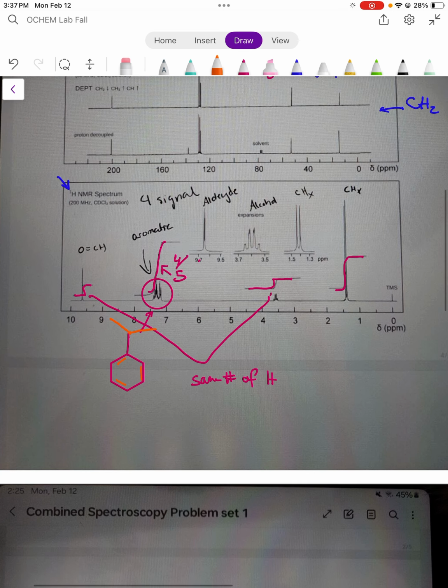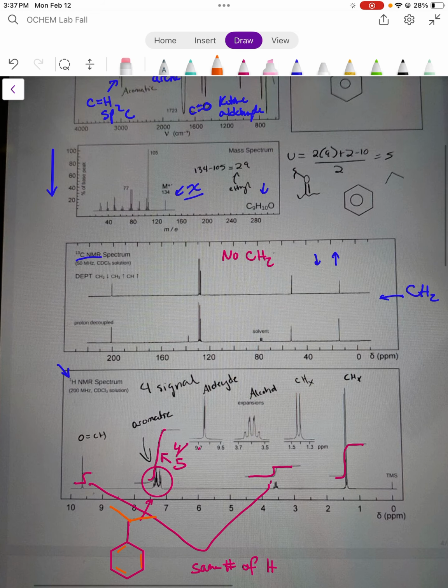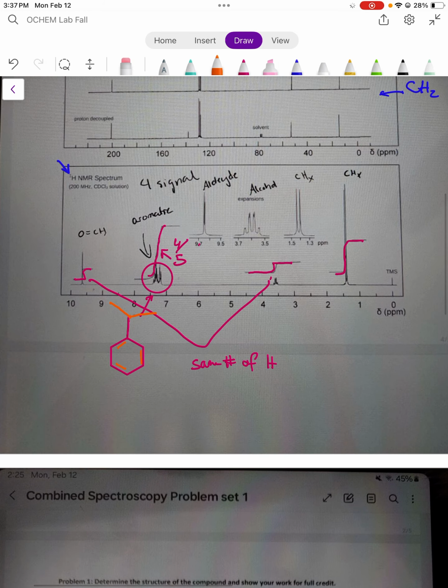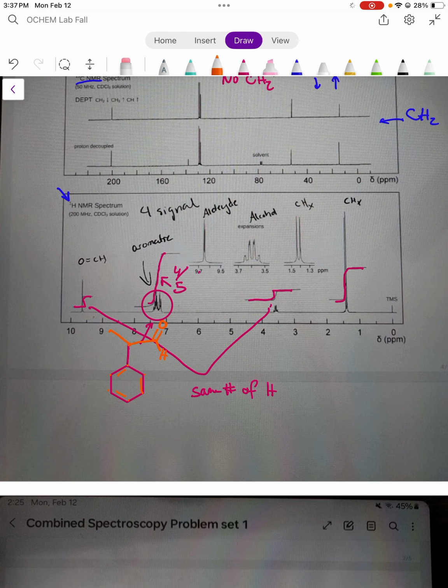And so now we look at how many carbons there are. There are 9 carbons. So we have 6 here in the aromatic ring, 6, 7, 8, 9. Okay, so that takes care of our carbons. Now let's add an aldehyde here, because we know that's going to be an aldehyde in part because of where this signal is.